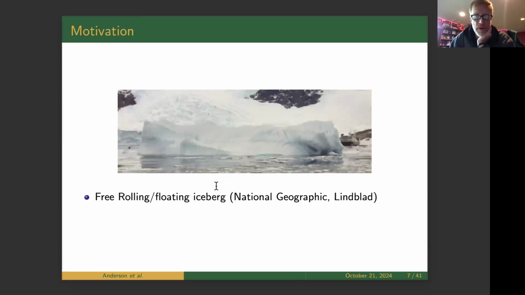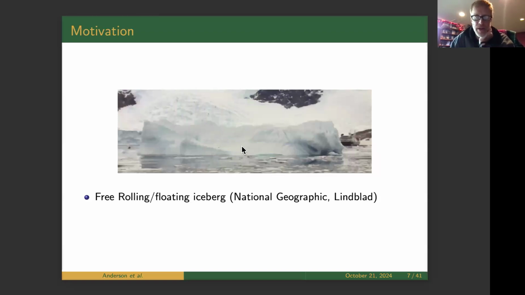This iceberg is a freely floating one, and I'll try to describe it. It's a still picture of a video. It's not the greatest image here, but I'll try to describe what you see. So it's a pretty big iceberg. There's a ship in the background here, a little kayaker over here on the left. And there's a little bit of the iceberg kind of hidden in the back.